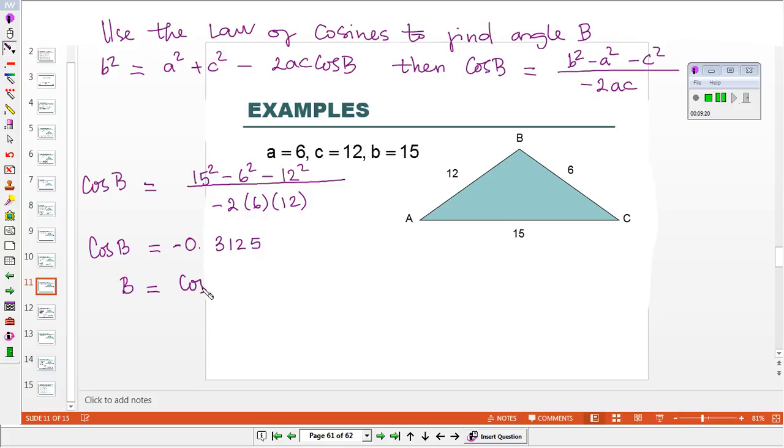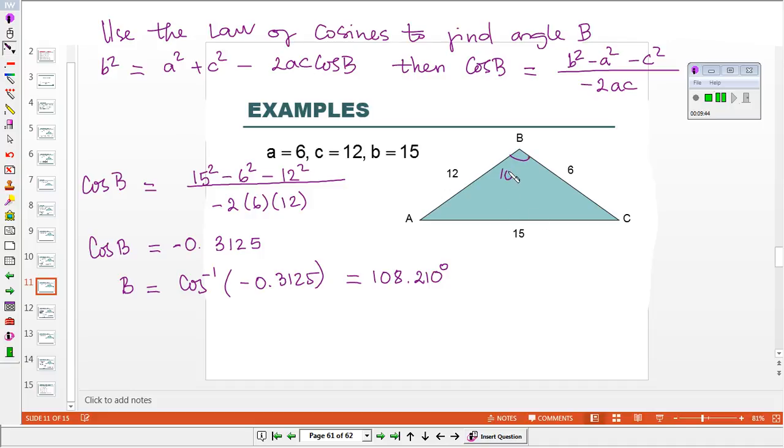So therefore we can find the angle B by finding the inverse cosine of negative 0.3125, and that angle will be 108.210 degrees.